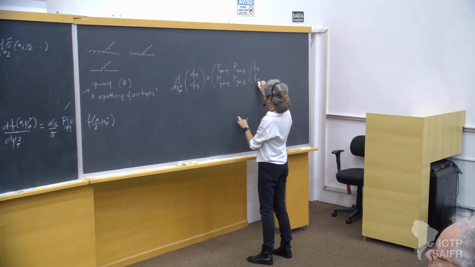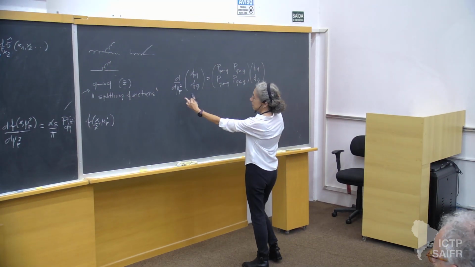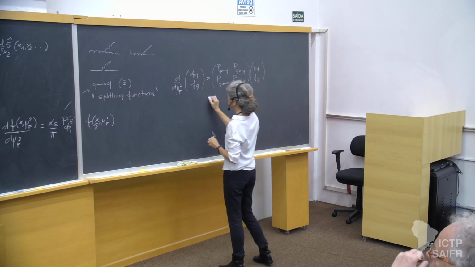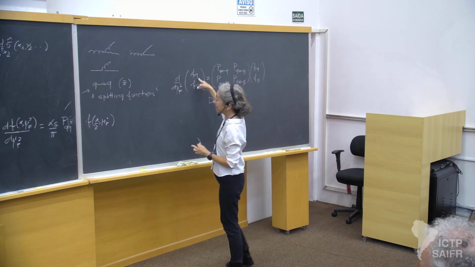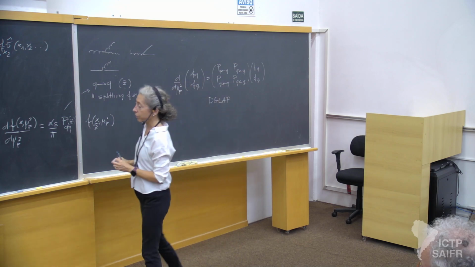So you have a system of coupled differential equations that are the famous DGLAP equations that will give you the scale evolution of these objects.